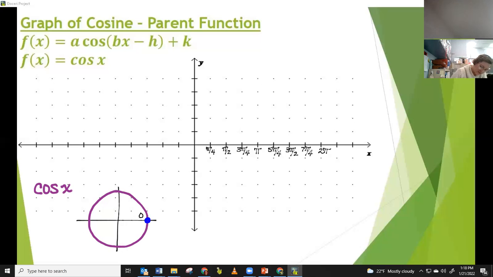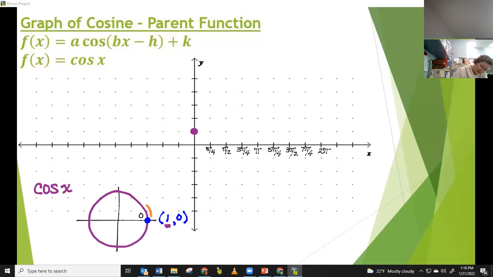When I start off at 0 radians, what is the cosine value there? Cosine value is 1. So at 0 radians on the x-axis, I'm going to go up to 1. Notice I don't start at 0, 0. So we don't start on the midline. We start with our maximum for cosine.